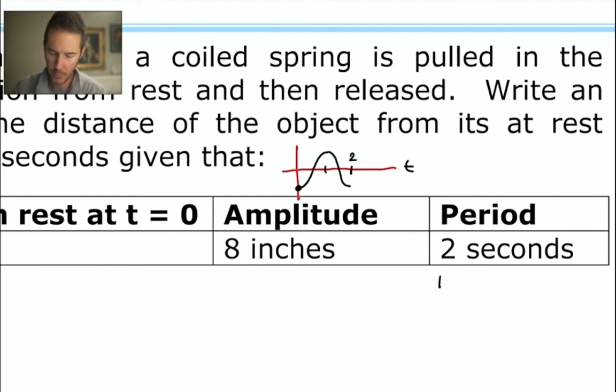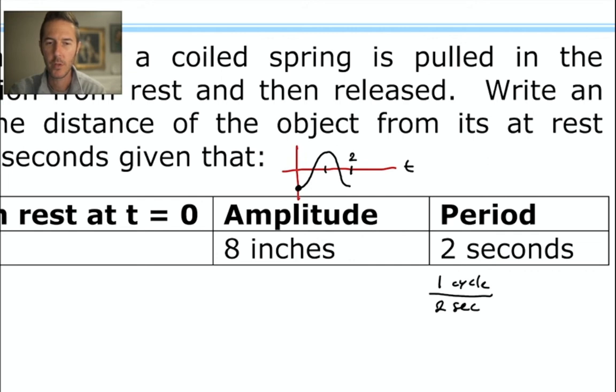So that was one cycle per, and then how long did it take? 2 seconds. So that's a way that we can see how the period, or rather the reciprocal of the period, comes to describe the frequency.